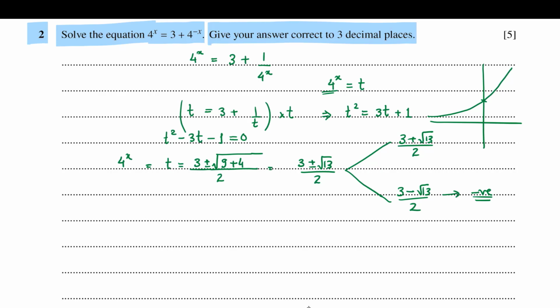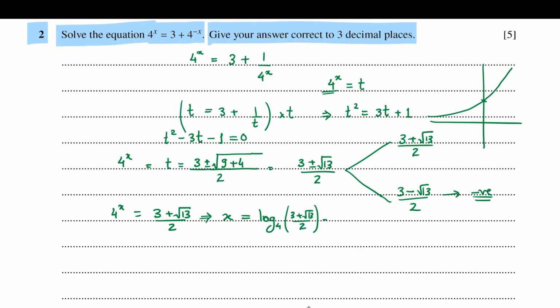It will never be negative. Hence 4 to the power x has to be (3 + root 13)/2, and without using the calculator we can directly write x as log base 4, not ln here because the base is not e, of the whole thing, that is (3 + root 13)/2.